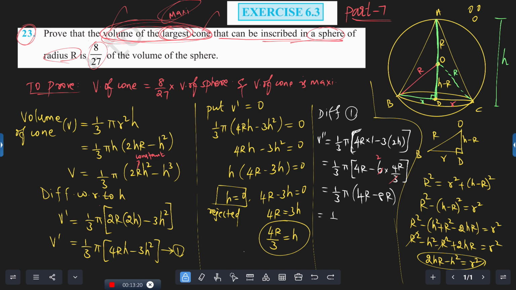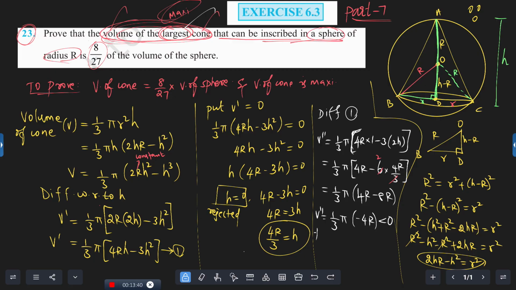So when you subtract both, what I am getting? Minus 4 times r, which is less than 0. So V double dash, if you get less than 0, what does it mean? Maximum. Maximum means the largest cone is the meaning.